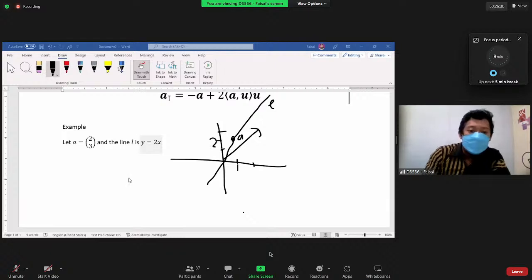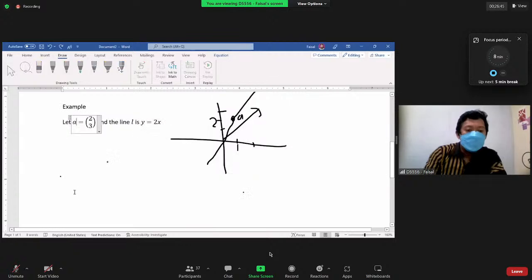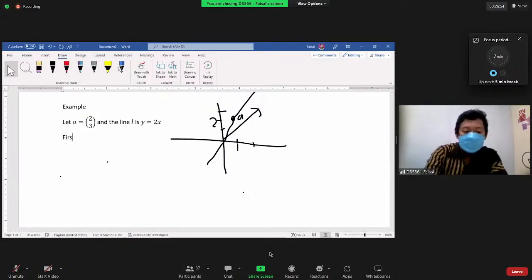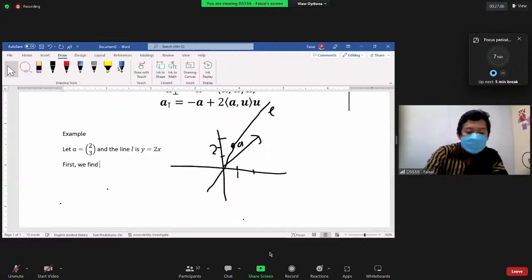So first we find the direction of the line.